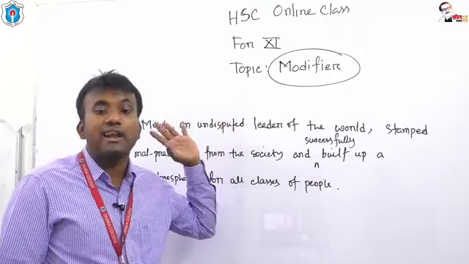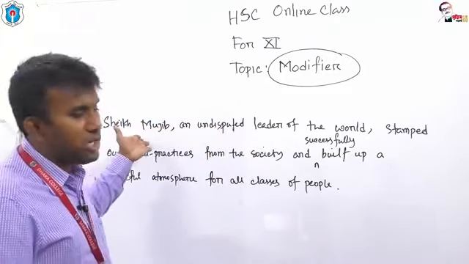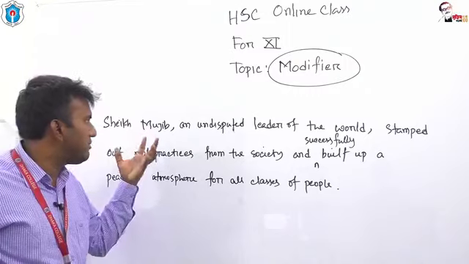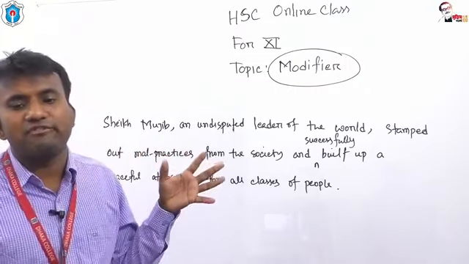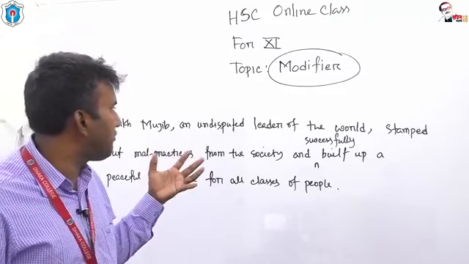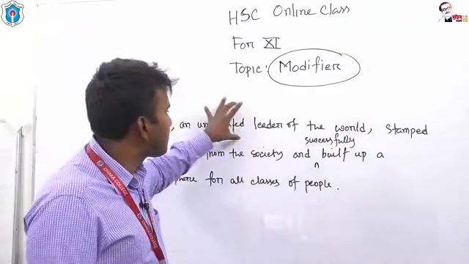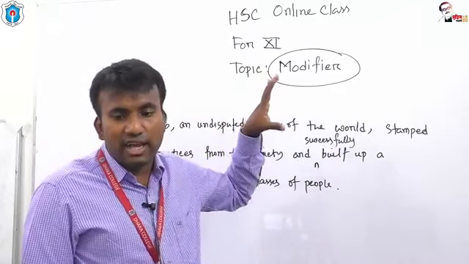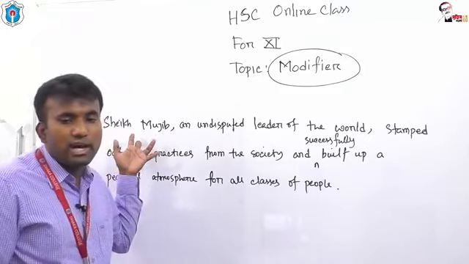We are talking about Sheikh Mujib, and about Sheikh Mujib we have got additional information. What is the additional information? An undisputed leader of the world is additional information about the noun Sheikh Mujib.